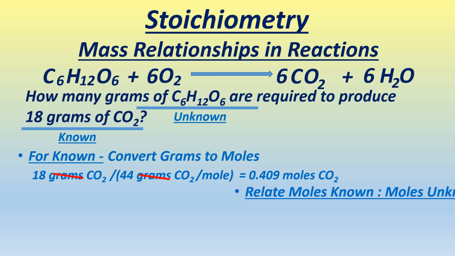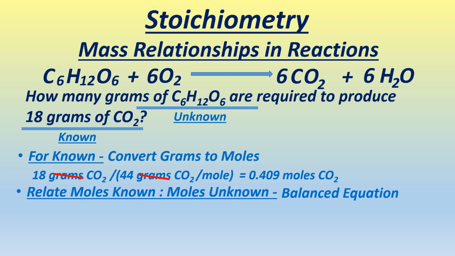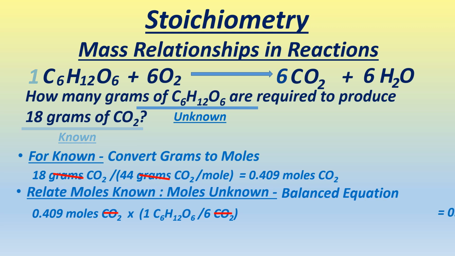I compare this to the unknown, and I compare it through the balanced equation. I know I have 0.409 moles of CO2. The balanced equation says I get 1 C6H12O6 for every 6 CO2s, meaning I would get 1/6 the amount of 0.409 moles, where the CO2 cancels. So to produce 0.409 moles of CO2, or 18 grams, I would need 0.068 moles of C6H12O6.